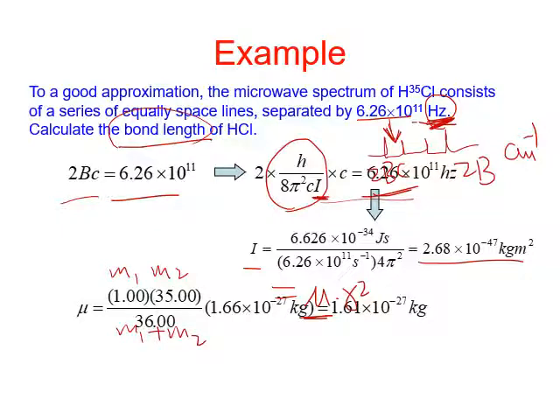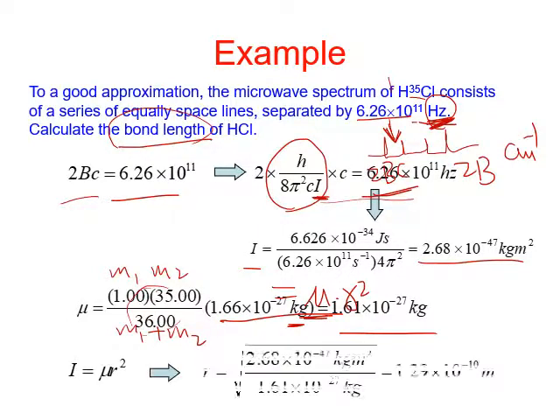In this case chlorine is 35, hydrogen is 1, and so you use the molar mass times a conversion factor to change to the mass of one molecule in kilograms. And that gives you 1.61 times 10 to the minus 27 kilogram, and then you calculate the bond length. And that gives you 1.29 times 10 to the minus 10 meter.